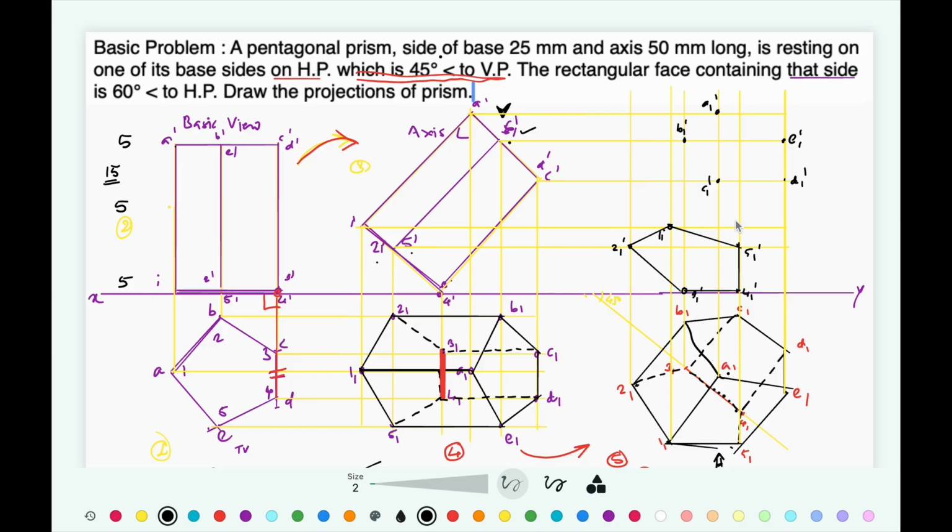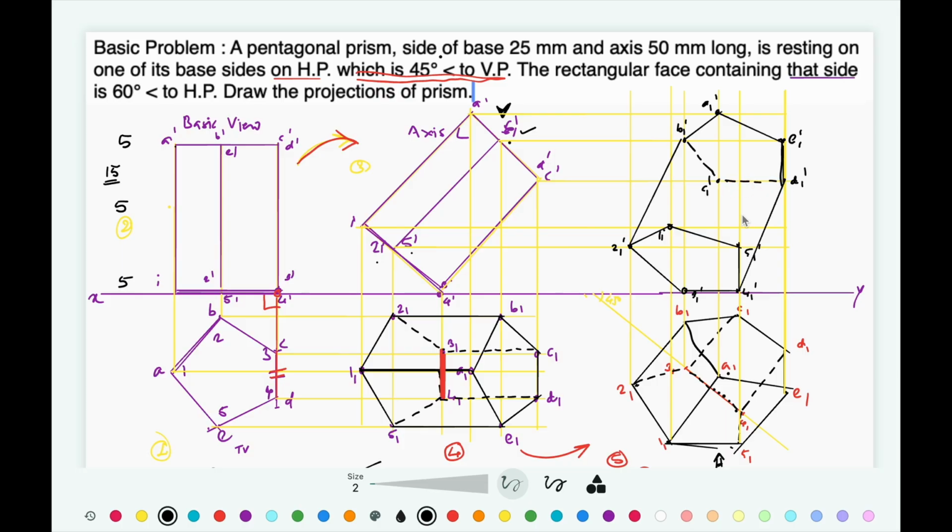Now then go to our rules. Rule number 2, all the outermost lines are going to be visible. So this 2B visible, BA visible, AE visible, ED visible, and D is connected with this 4, so that is also going to be visible. Now remaining lines of that ABCDE pentagon are going to be invisible.